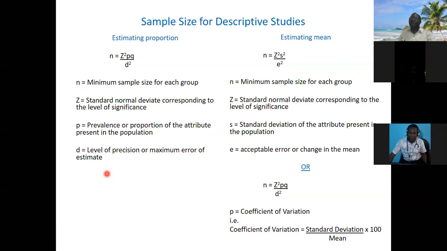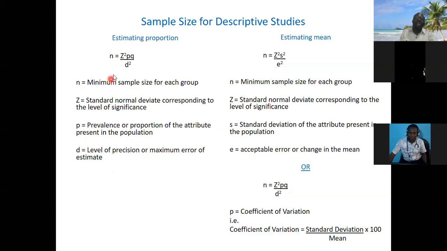You know that because you have not taken the whole population, you can never get the parameter exactly. It's not possible unless you take the whole population. But you don't want your error to be more than a certain percentage, and that is the value 0.05 that you usually choose. That 0.05 is different from the level of significance.